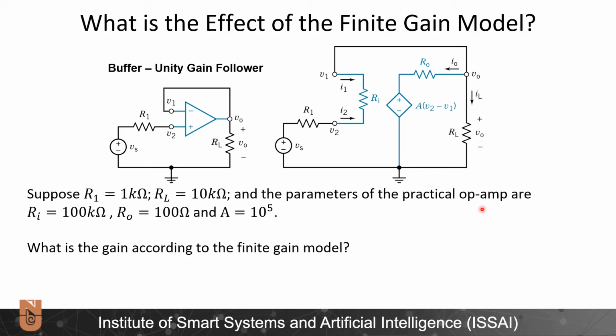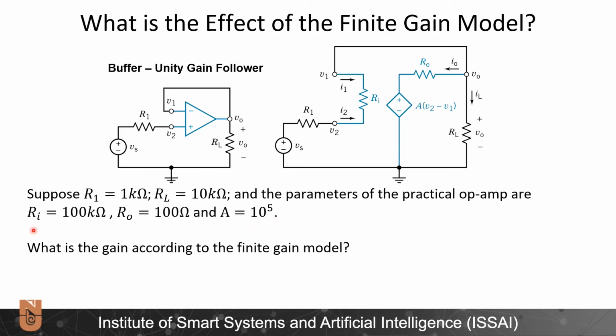Here we are given the values R1 equal to 1 kilo ohm, RL equal to 10 kilo ohms, and the parameters of the practical op-amp for the finite gain model are given as Ri equal to 100 kilo ohms, Ro equal to 100 ohms, and the gain A equal to 10 to the 5.